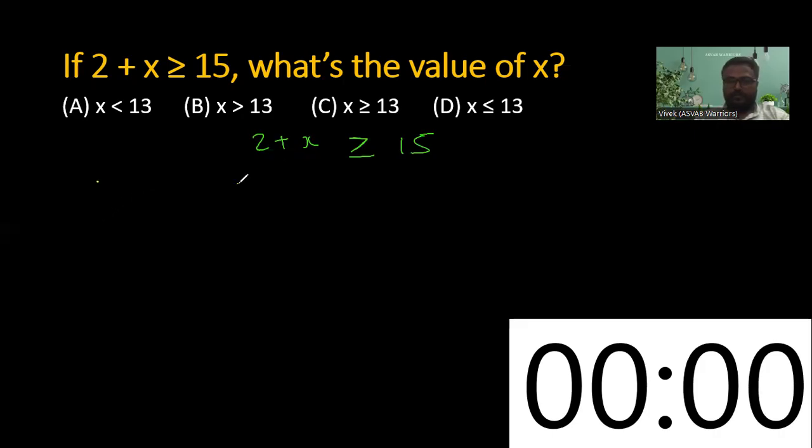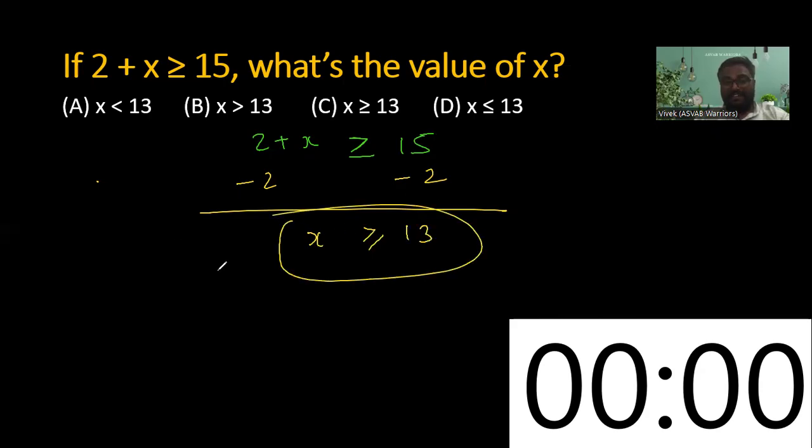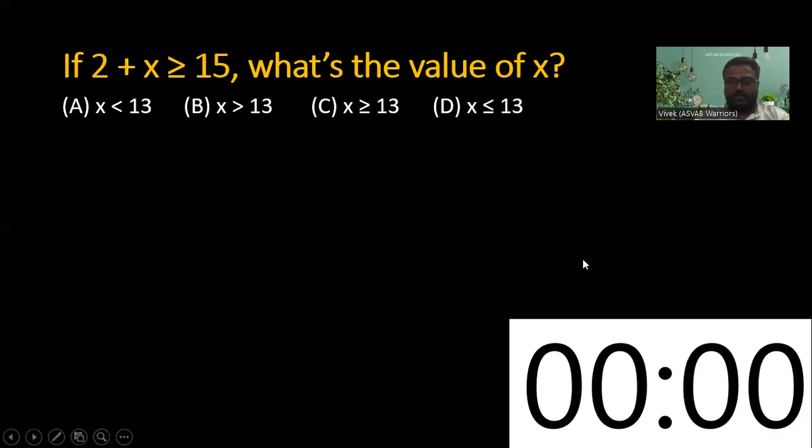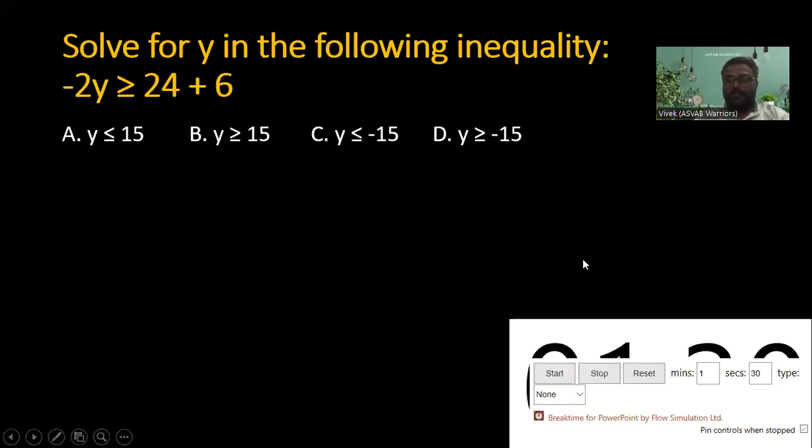Minus 2. Yes. So 2 minus 2, 0. x remains as it is, greater than or equal to 15 minus 2, which is nothing but 13. So option C is correct. Let's move on. Guys, try solving this. Your time starts now.